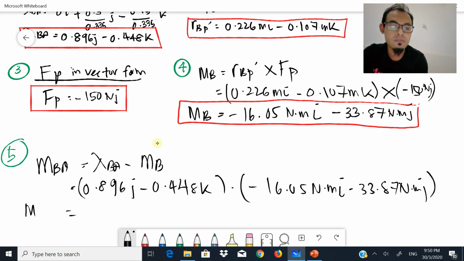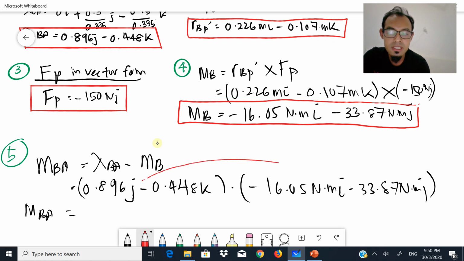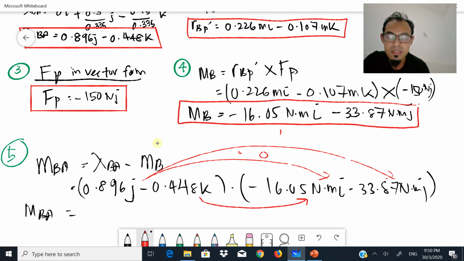We find M_BA by multiplying. j dot i is 0, j dot j is 1, k dot i is 0, and k dot j is also 0.